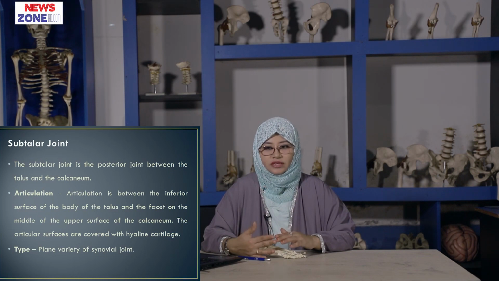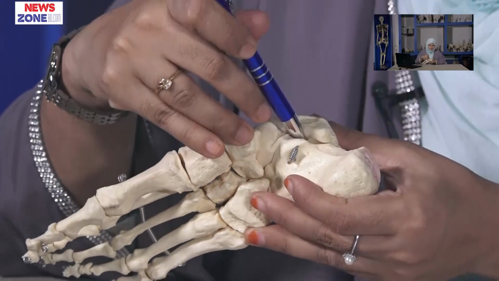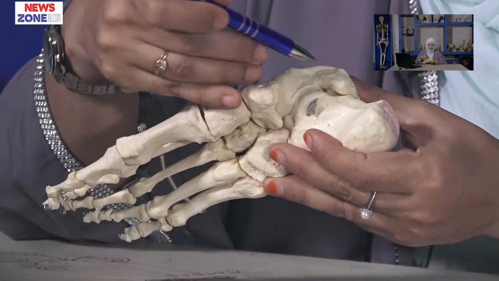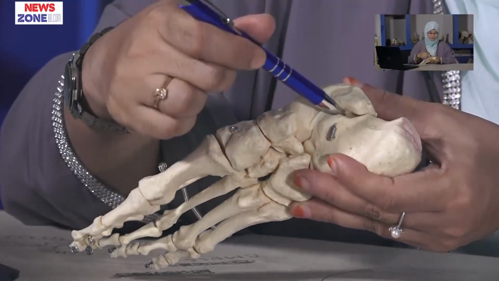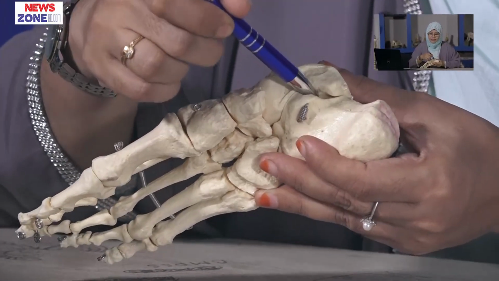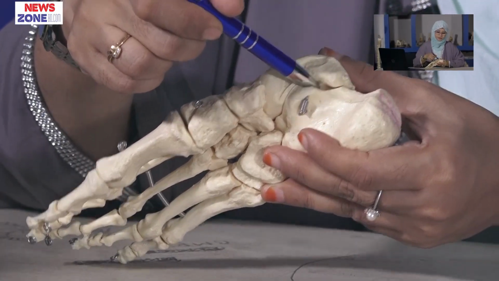The articular surfaces are covered by hyaline cartilage. This is the subtalar joint which includes the inferior surface of the talus and superior surface of the calcaneum. And this is a plane variety of synovial joint.